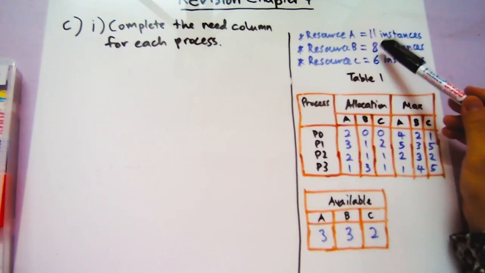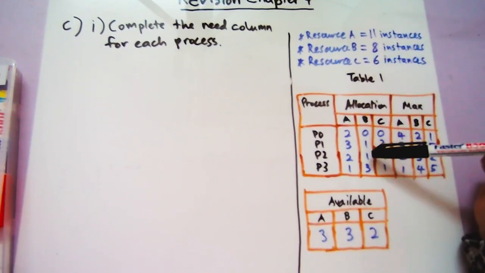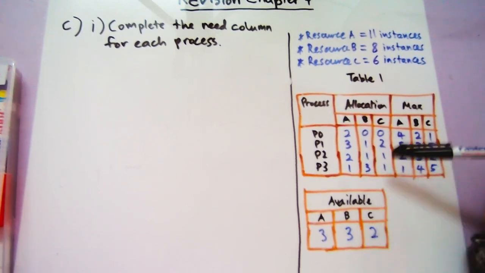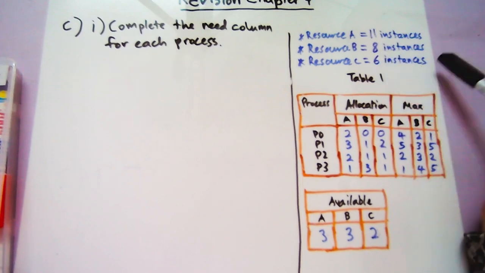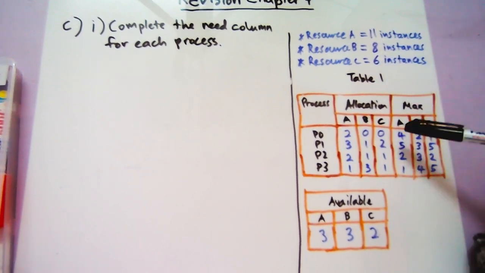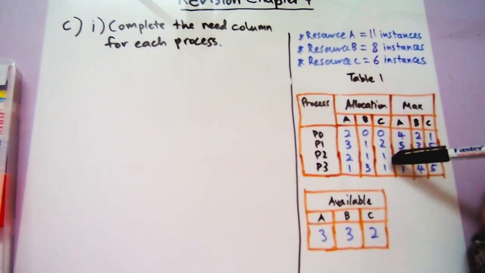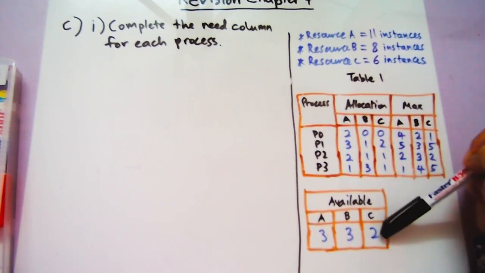Similarly, for resource B, 8 minus 0 minus 1 minus 1 minus 3, which results in 3. For resource C, which has 6 instances, we subtract 0, 2, 1, and 1, yielding a result of 2.